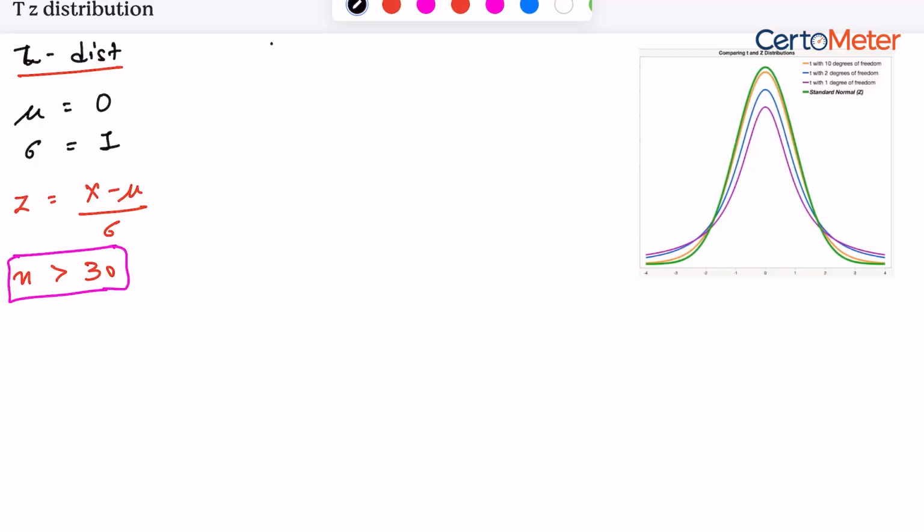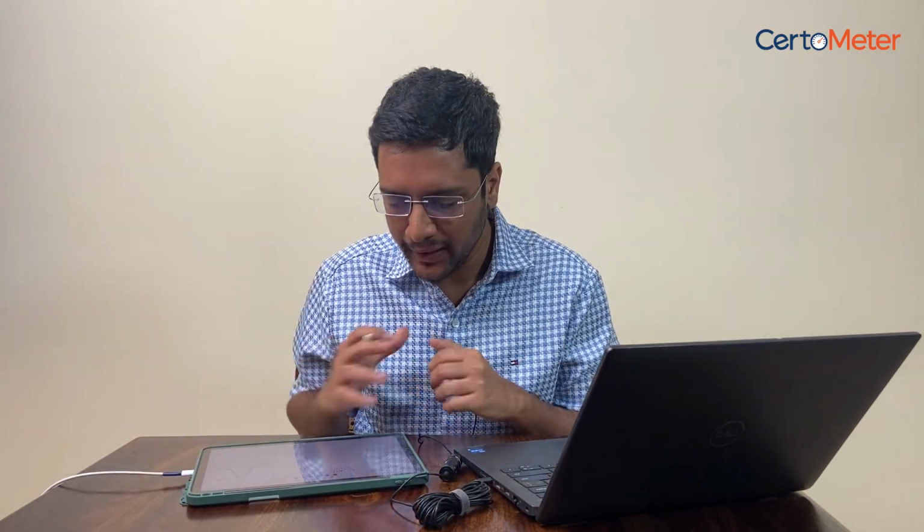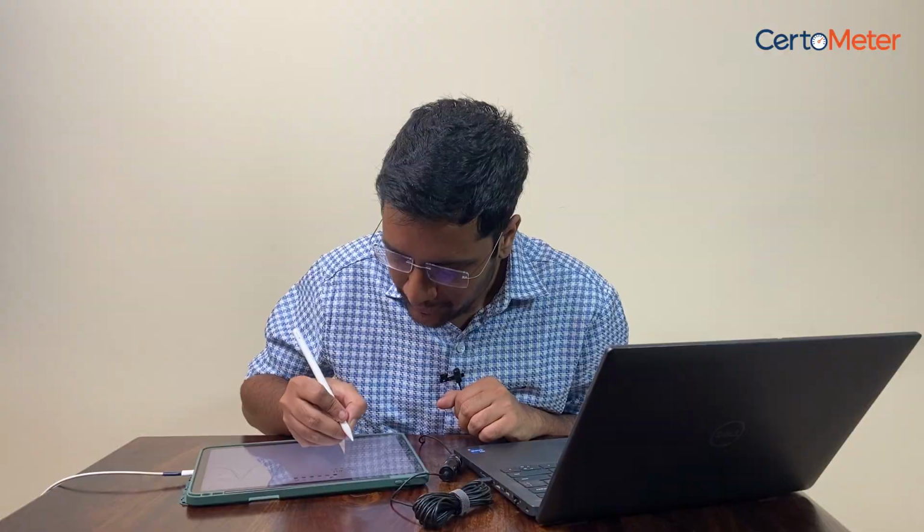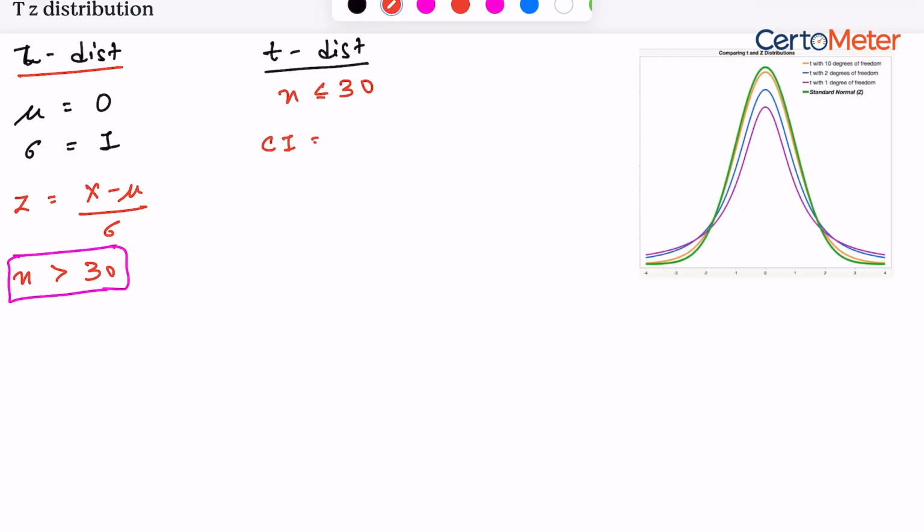Now talking about T distribution. T distribution is basically applied whenever this n value is less than or equal to 30. That means my sample size is very small. In this case, if you remember, I used to calculate the confidence interval, which was made up of point estimate plus minus margin of error.